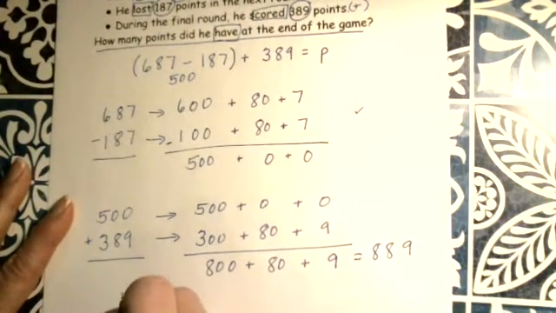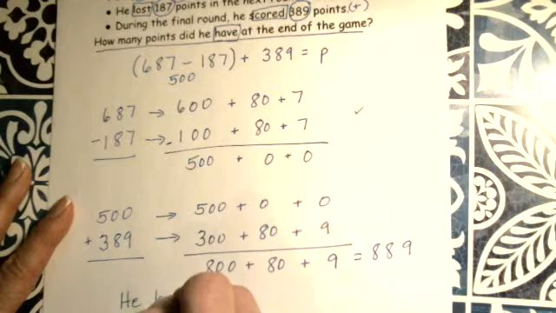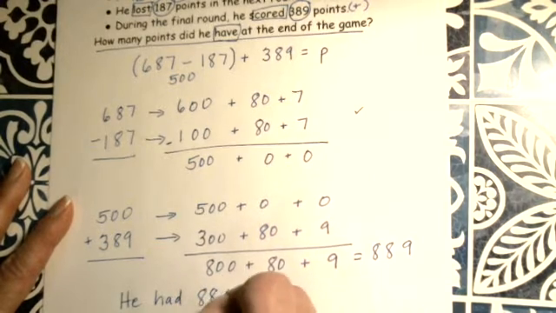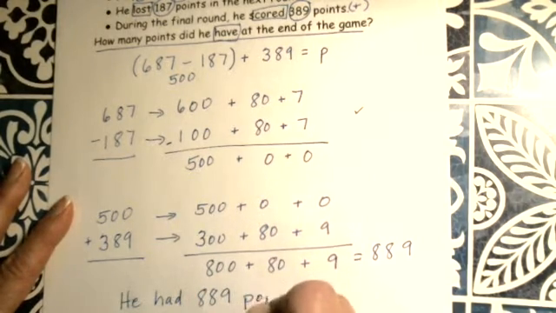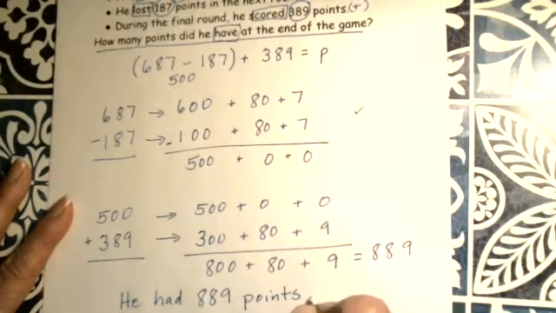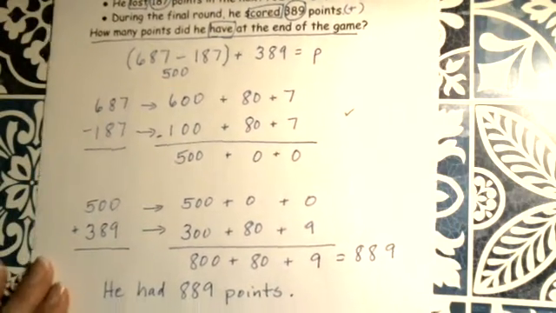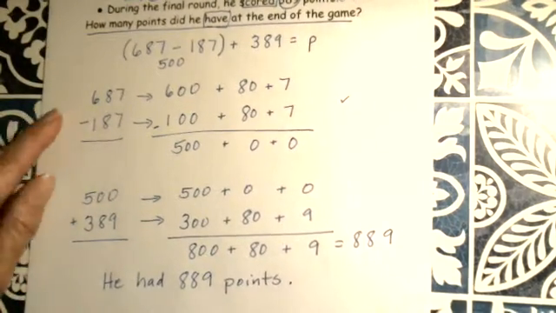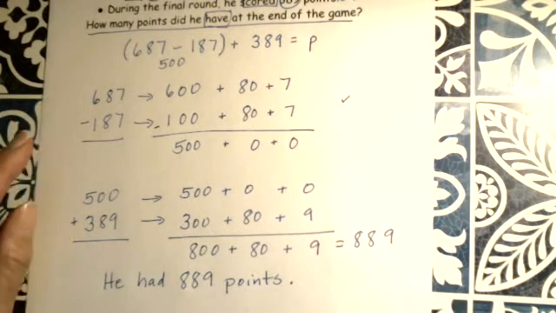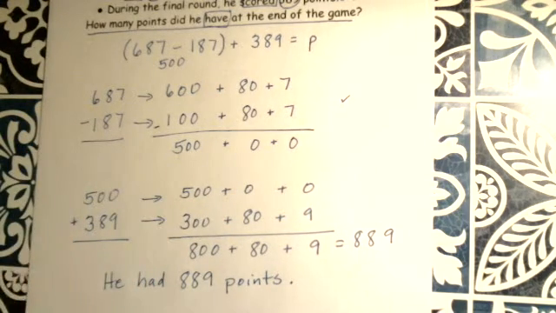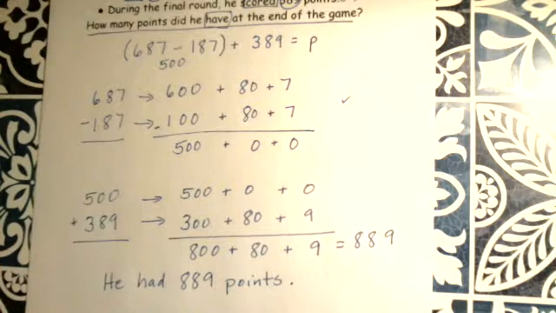He had 889 points. So this problem, it worked best to use the expanded form. Now sometimes you will use the number line, sometimes you will use the place value chart.